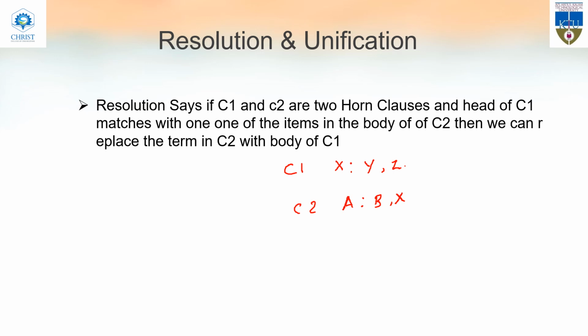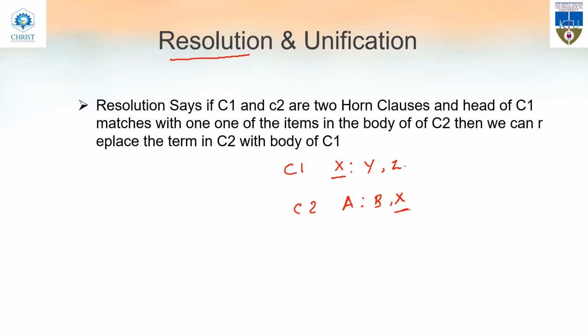I'm writing this. Resolution says that C2 is a Horn clause, and one of the items in the body of C2 matches with the head of C1. Right? One of the items in the body of C2 matches with the head of C1.